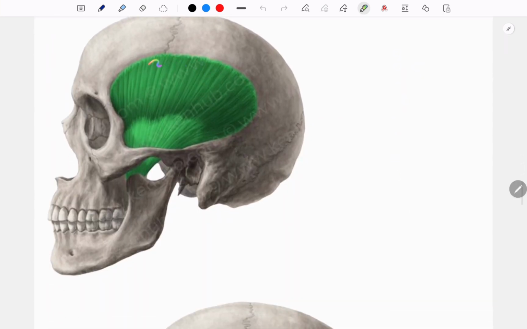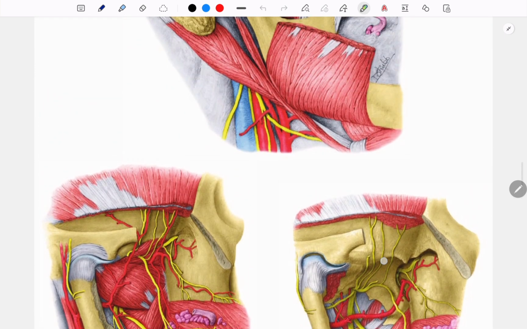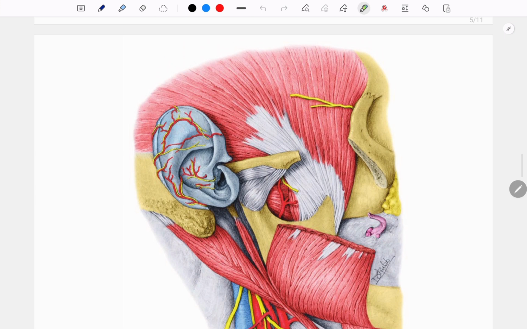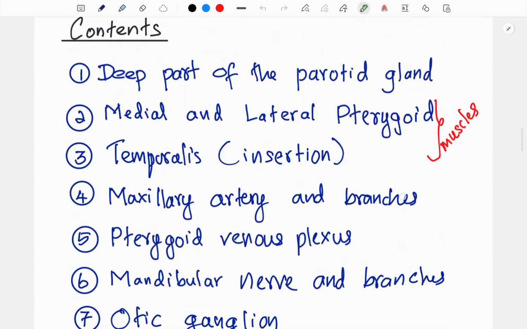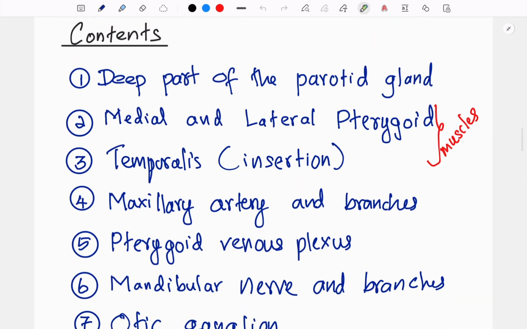This is the temporalis muscle, and it inserts into this infratemporal area. And there are two other muscles, the medial and the lateral pterygoid muscles.